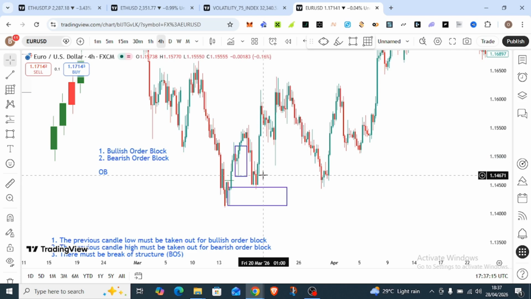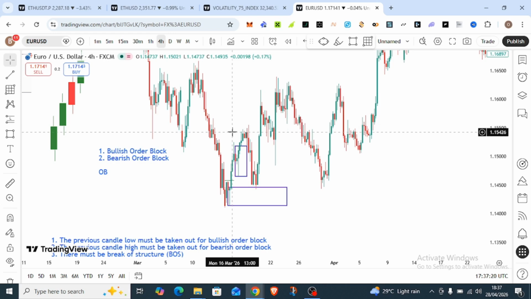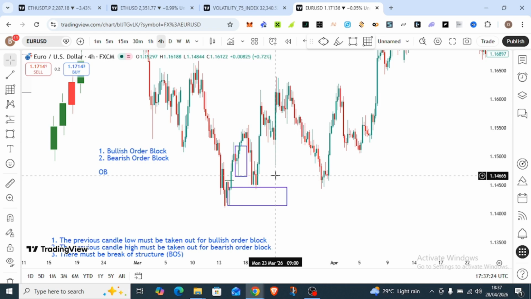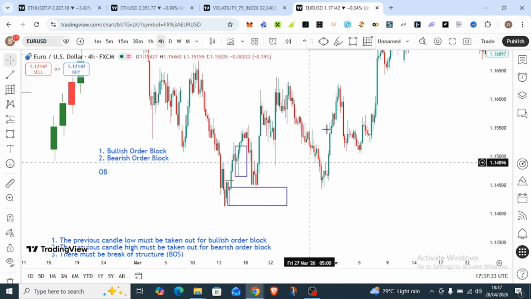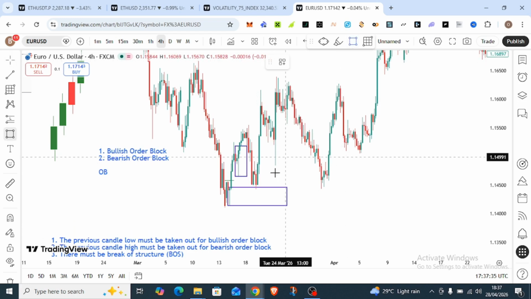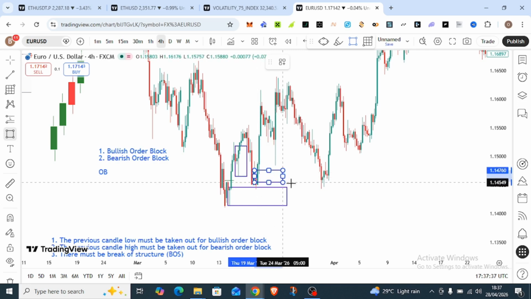And from here now, we have a break of structure here. Since there's a break of structure here, we'll come down to the bottom and look for an order block. This is the high of this candle and the low is taken. So there is another order block here.